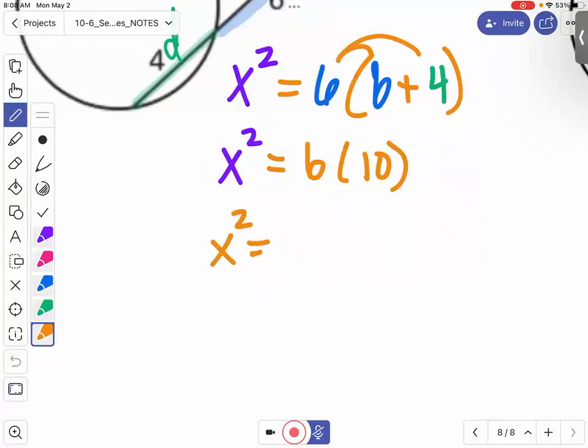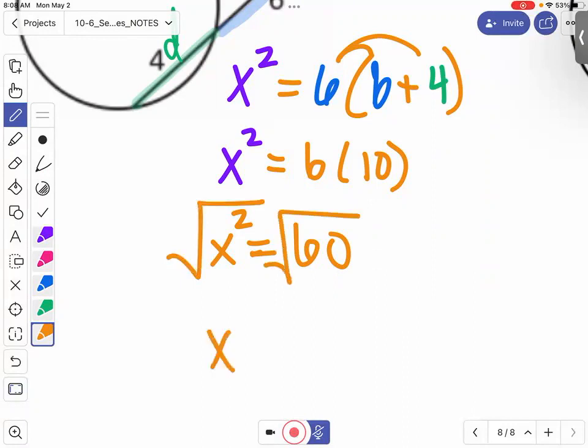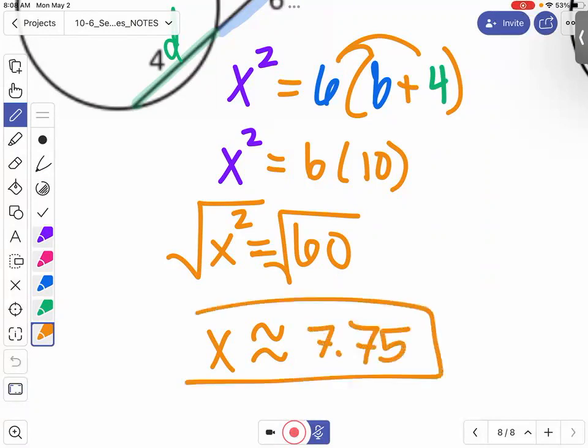Should equal 6 times 10, which is 60. So now to undo that square, we will have to square root this. So my X will round this off to about 2 decimal points. So my X would be about 7.75 units long. So that's about how long it is. And again, it is rounded, it is approximate.